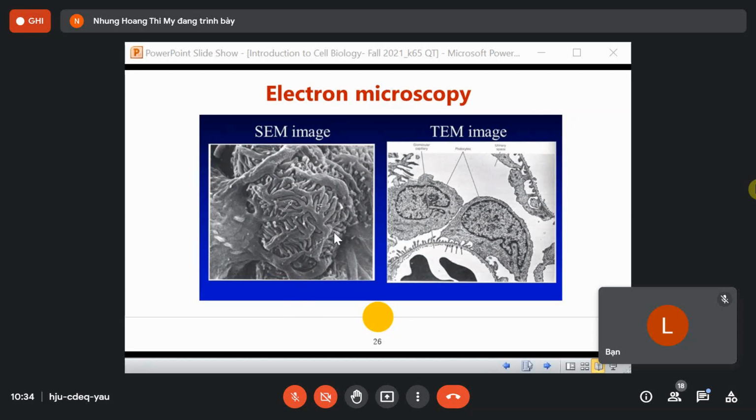From the SEM image, you can see the podocyte has thin morphologies, like a filament morphology. But when you look through the TEM image, you can recognize the cell nucleus of these two podocytes, and the other structures inside the cell. That is the difference between the SEM and the TEM image when you use this technique to observe the cell.